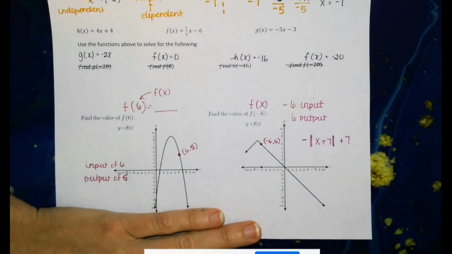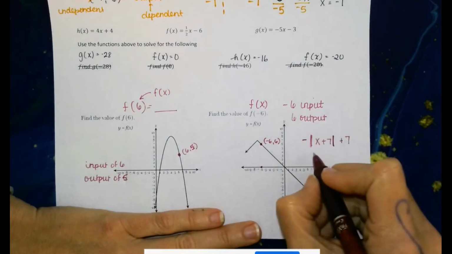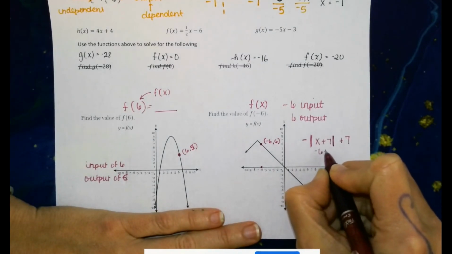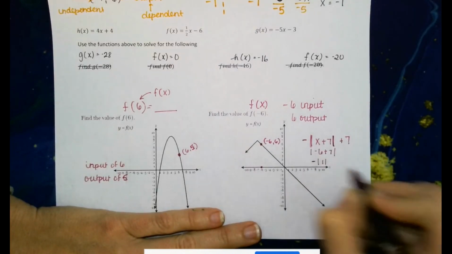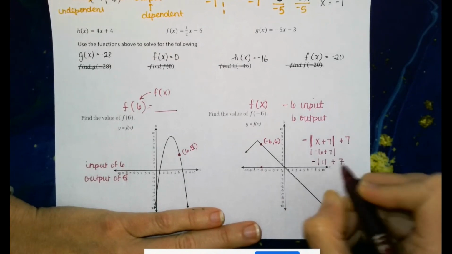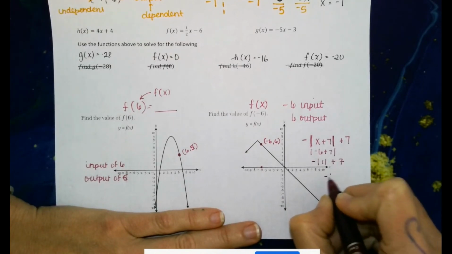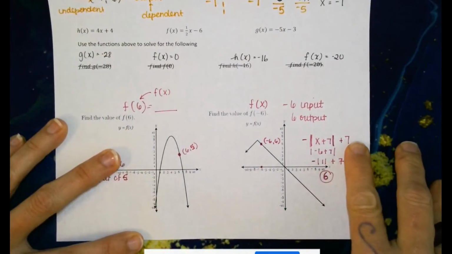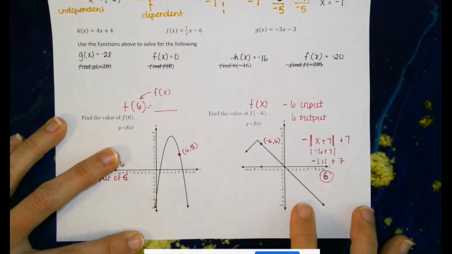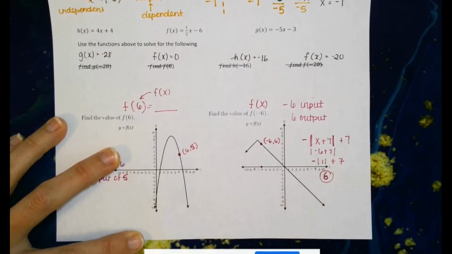Makes them positive, right? So if I put in a negative 6 plus 7, it's going to give me a positive 1. In this case, it doesn't matter. If there's a negative on the outside, plus 7, that's where that positive 6 comes from. Algebraically, you do not have to be able to pull that equation from your brain with absolute value functions. It works exactly the same as our linear functions did, though.